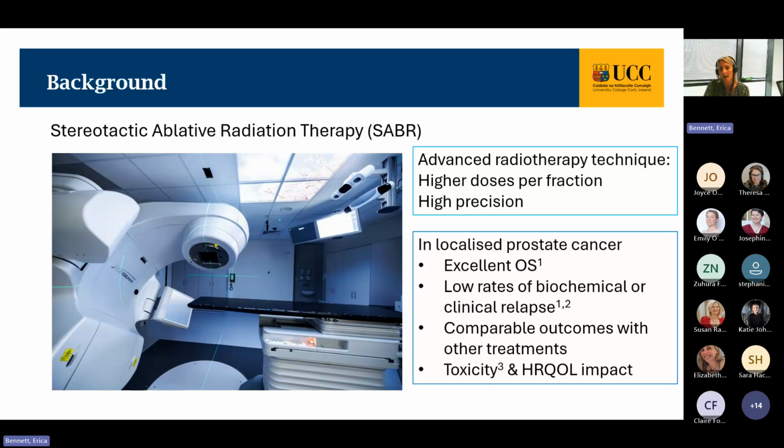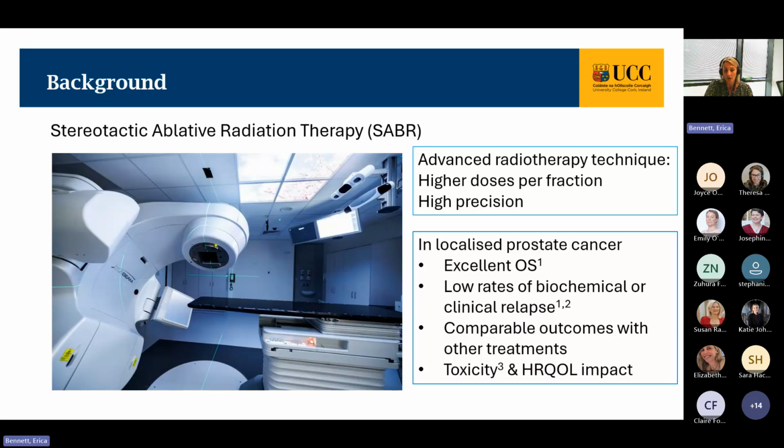In localized prostate cancer, which is my study population, randomized control trials have shown excellent overall survival of around 84%, low rates of biochemical or clinical relapse with SABR of between 4 and 8%, depending on the specific study. And SABR has comparable outcomes with other treatments such as surgery.